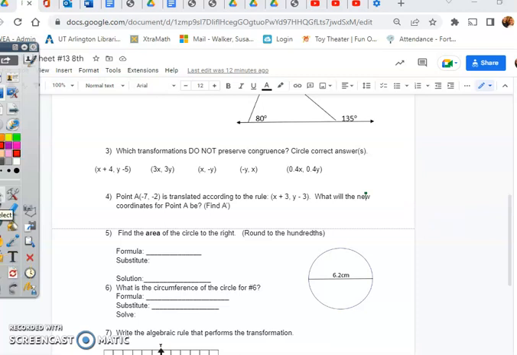On this one, I need you to use the formula chart. And I need to make sure you know the difference when it goes all the way across. That is the diameter.